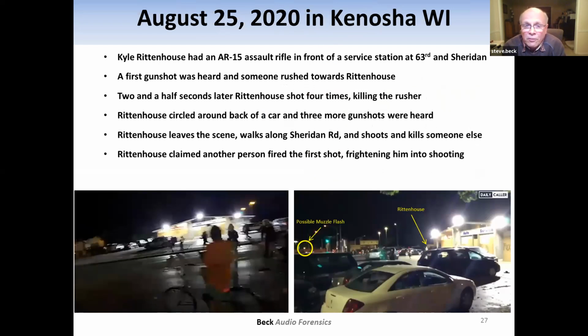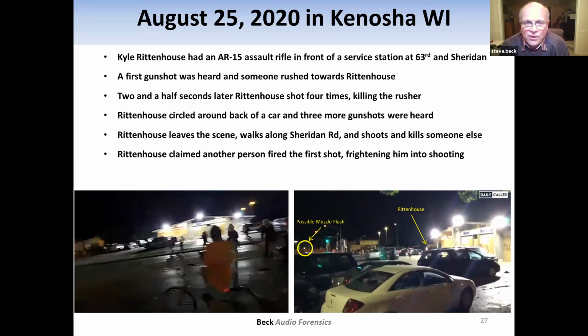Back on August 25 of last year in Kenosha, Wisconsin, Kyle Rittenhouse was at a service station at 63rd and Sheridan, and he had an AR-15 assault rifle with him. He was standing around outside that service station, and a gunshot could be heard, and someone rushed toward Rittenhouse.